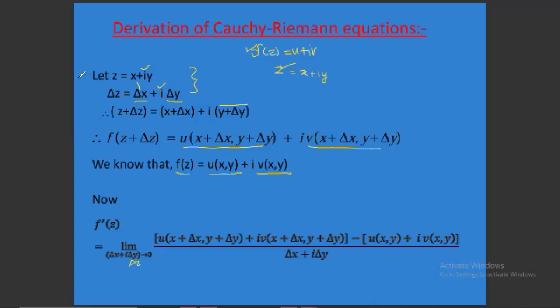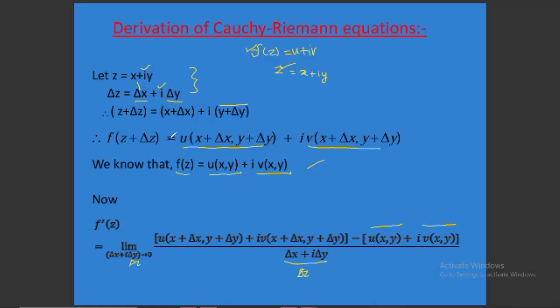F of z plus del z, what is the value of this? u of x plus del x comma y plus del y plus iv of x plus del x comma y plus del y minus u of x comma y plus i into v of x comma y, the whole divided by del z, which is nothing but del x plus i del y.